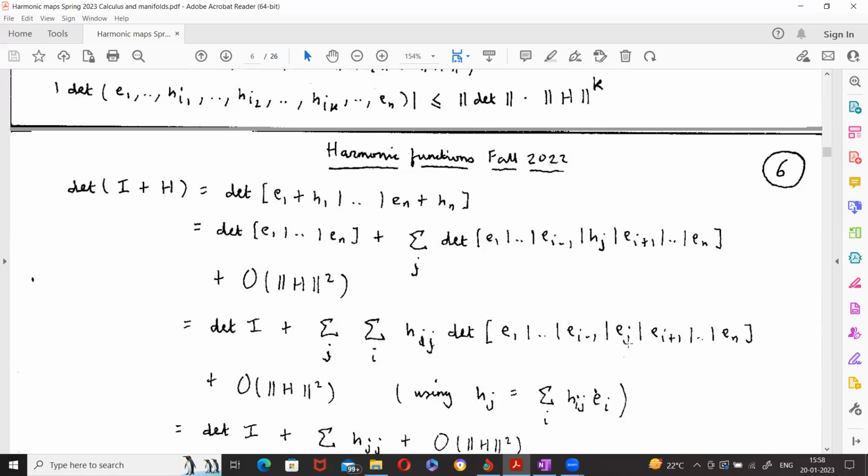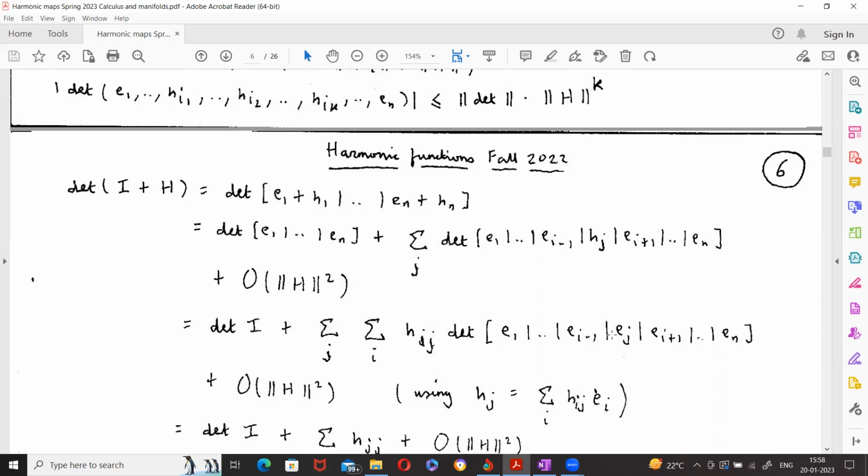In this determinant, you'll see that it is 0 unless i is equal to j. If i is not equal to j, the same column is repeated twice and the determinant becomes 0.